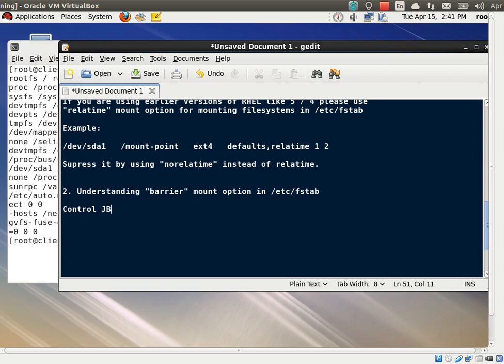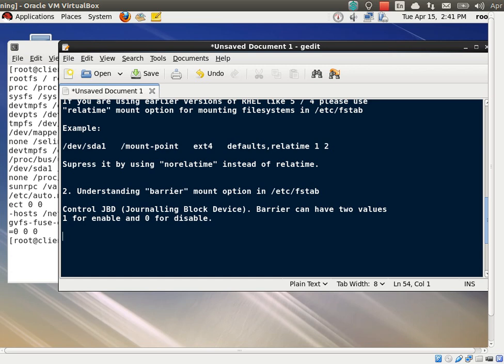It can have two values, 1 for enable and 0 for disable. By default it is enabled.